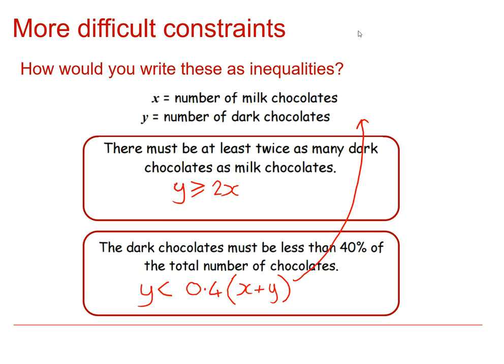We can say that y is less than 0.4x plus 0.4y. I can now take that 0.4y over here by subtraction, leaving 0.6y less than 0.4x.